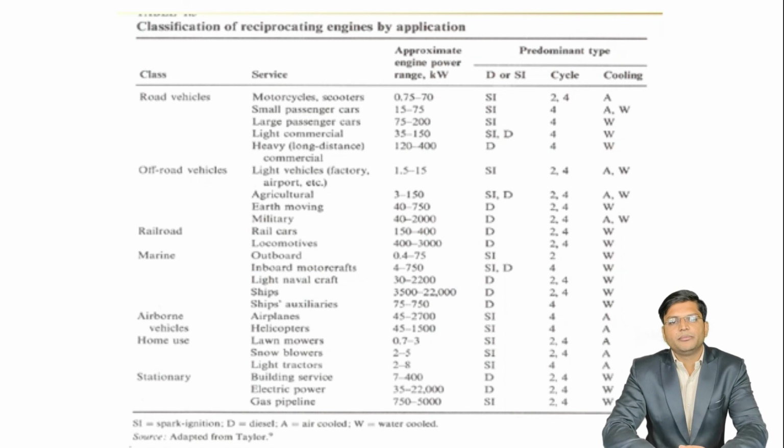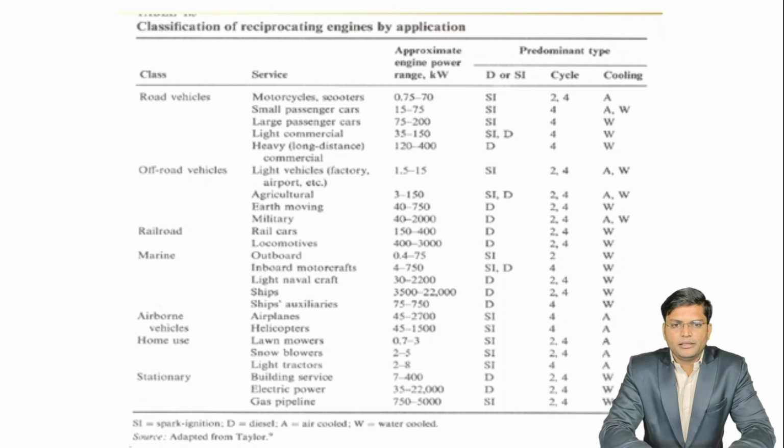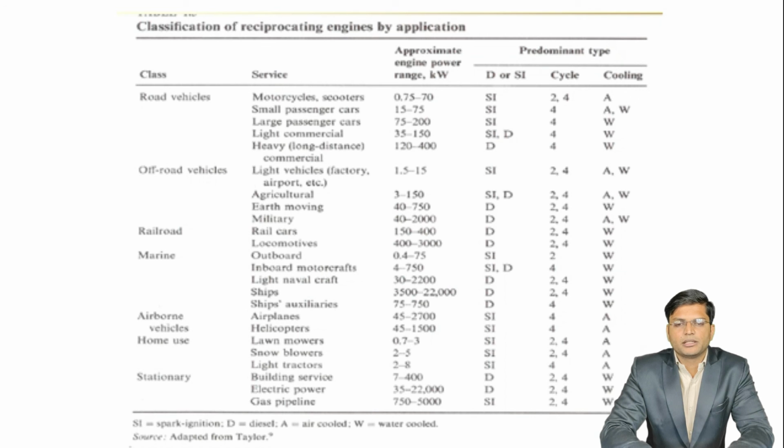Now in this image we can see the different classes of vehicles and their functions and the different varieties of power they can produce. Here suffix D is used for diesel and suffix SI is used for spark ignited engine, and the cycles used here are 2-stroke or 4-stroke, and the cooling A for air cooled and W for water cooled.